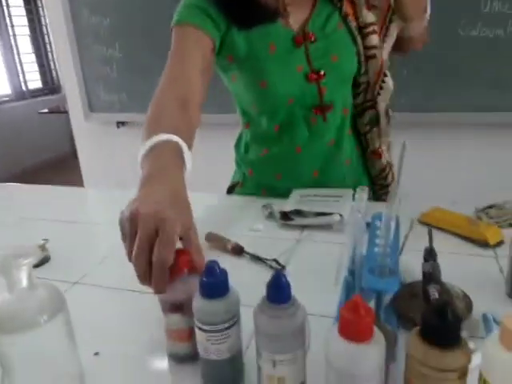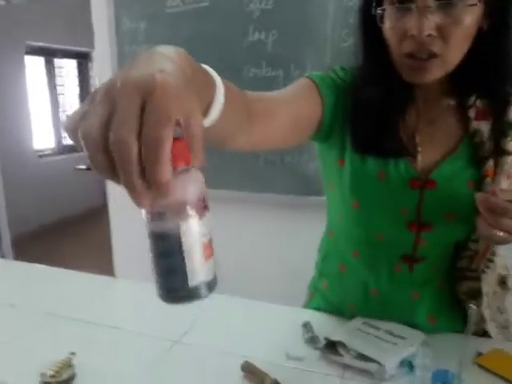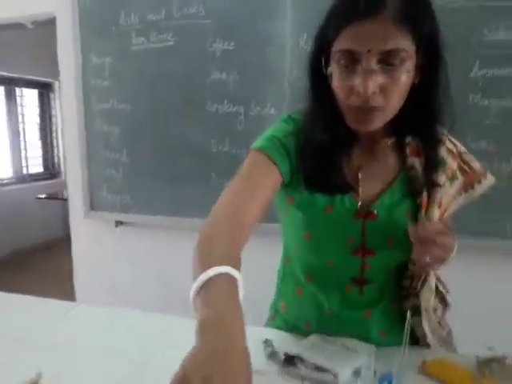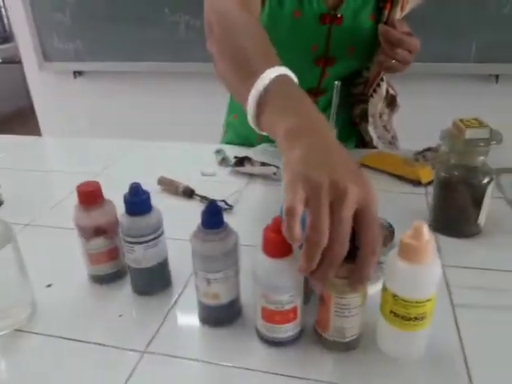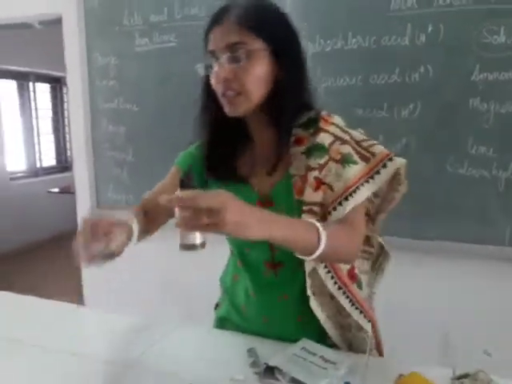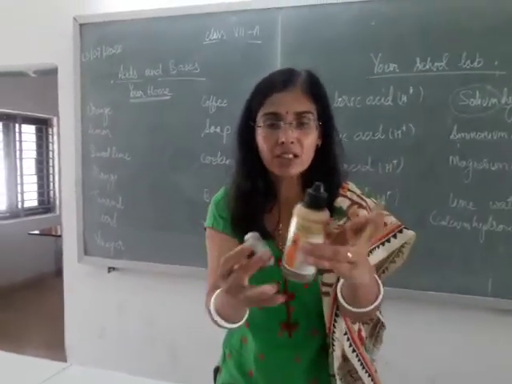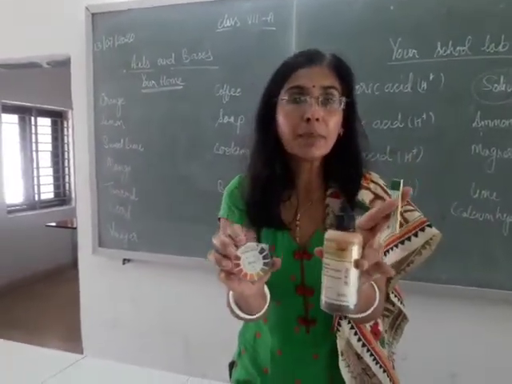Then we have your well-known litmus solution, this is red litmus solution, this is blue litmus solution, and we have universal indicator solution also. Children, these three things are common. They are one and the same kind of things. What is same in them?